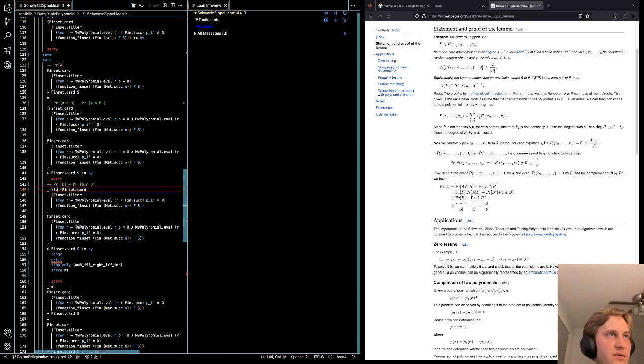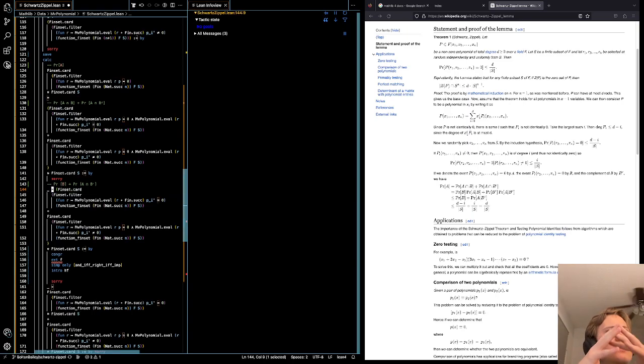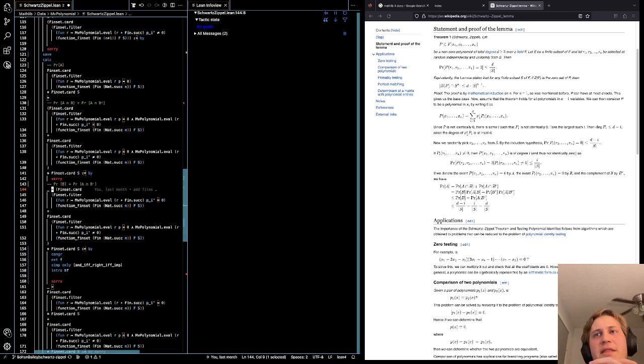Or, wait, so no. I think that maybe the point is that I need to skip this second row here and go straight from here to here, because I have probability of A and B less than or equal to probability of B, which should not be too hard.